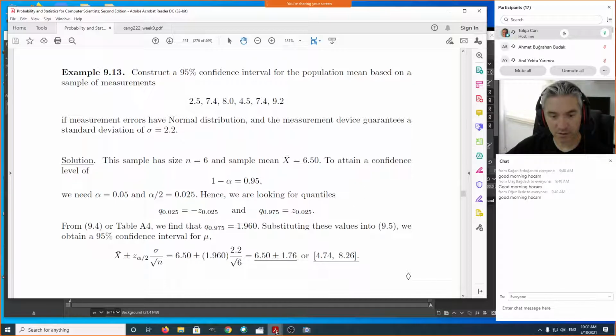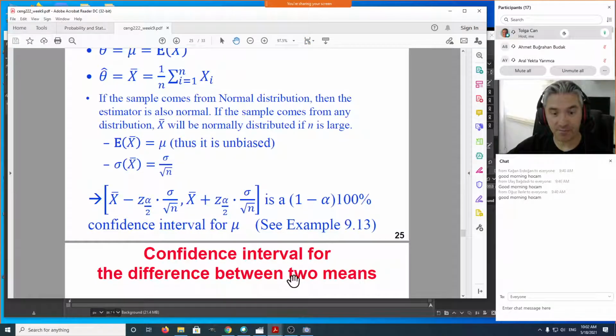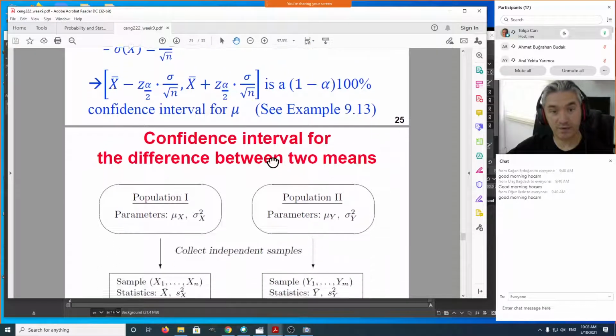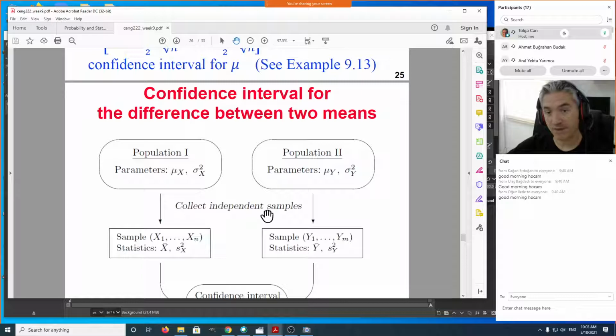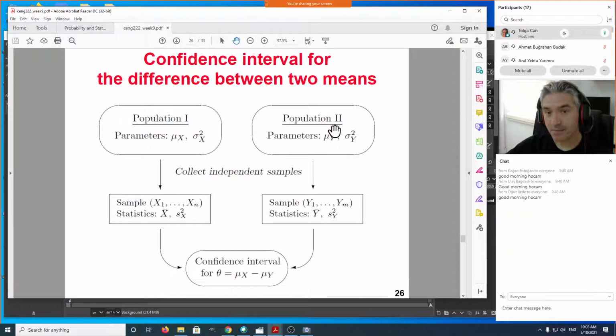So let's continue with other, more interesting examples. This is the case where we start to look at things other than means. For example, what is the confidence interval for the difference between two means? These two means may be the average running time of your algorithm versus the average running time of the competing algorithm, which is the current state of the art.